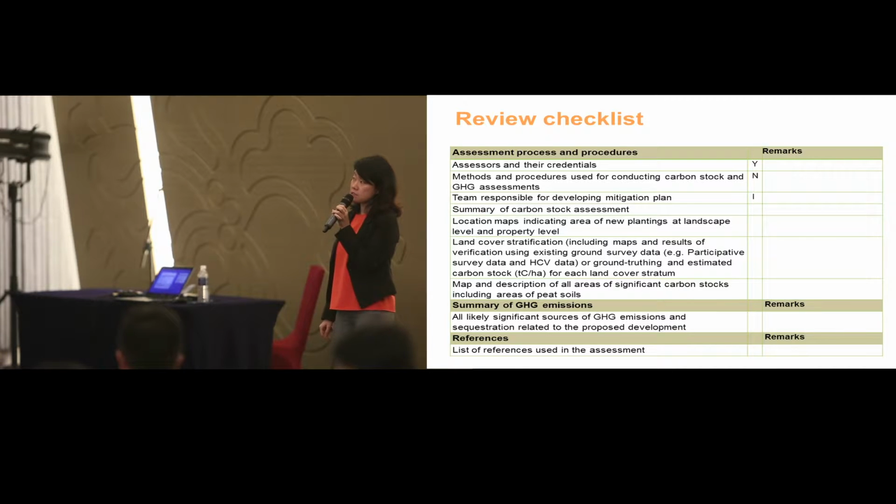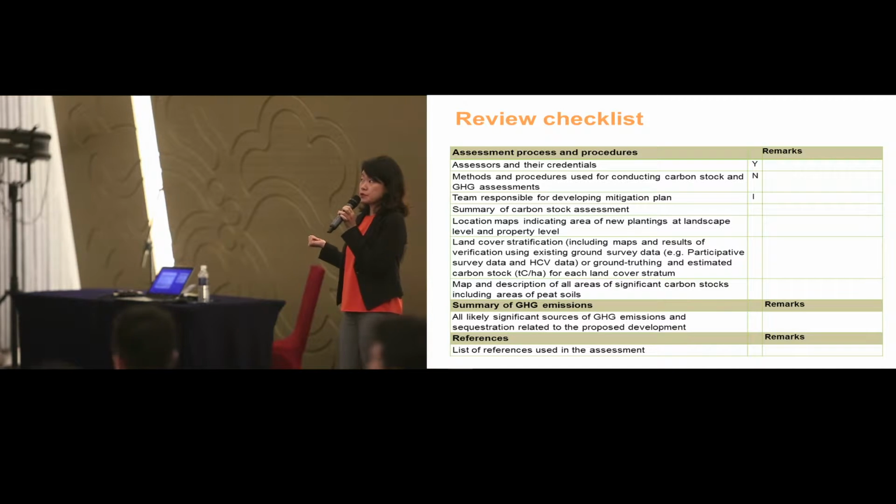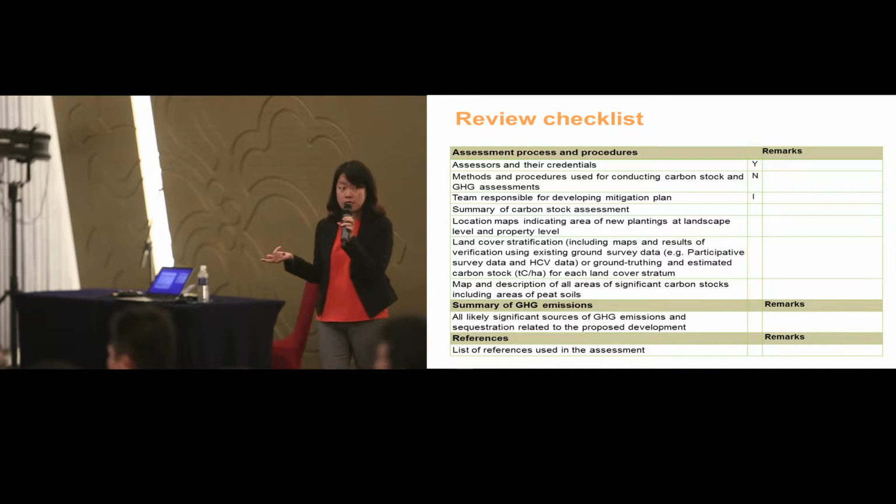What we normally find is that the companies sometimes neglect to tell us the team responsible for developing the plan, or they will not provide a list of references used, or they do provide maps, but the maps are not clear, or the legend is so tiny that even after we have expanded it as much as we can on our screen, we still can't read the text because it has become pixelated. So these things are not acceptable. And as auditors, I hope you will check for these things, that you submit maps that are legible.